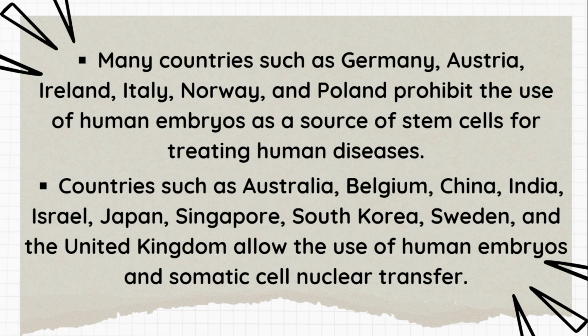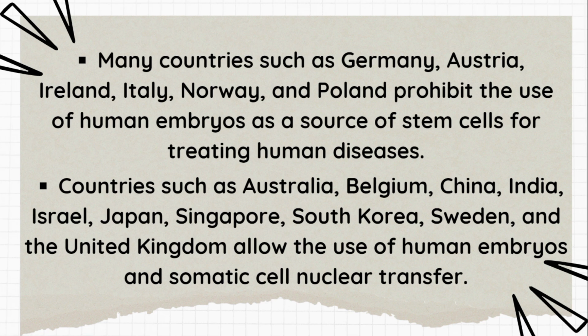Countries like Germany, Austria, Ireland, Italy, Norway, and Poland prohibit the use of human embryos for stem cell research due to ethical, moral, and religious concerns regarding the destruction of human embryos. These countries have laws and regulations reflecting societal values and religious beliefs that prioritize the protection of human embryos.